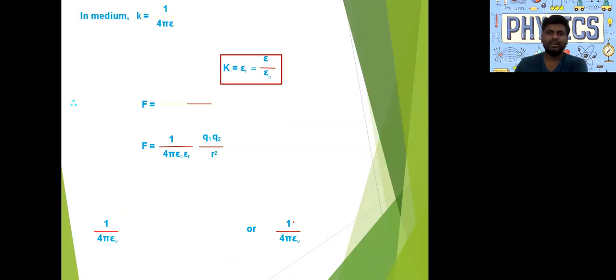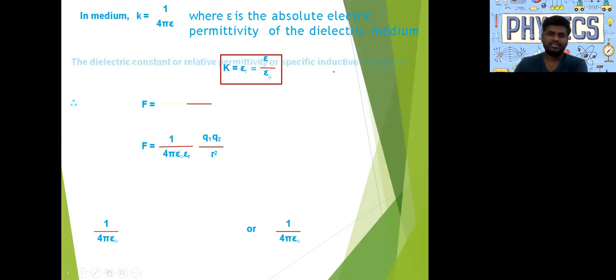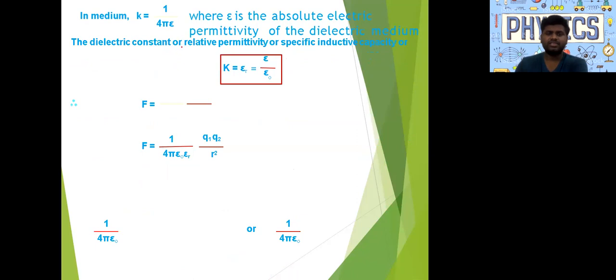In a medium, K is written as 1 by 4 pi epsilon, where epsilon is the absolute electric permittivity of the dielectric medium. Now we will see the definition of dielectric constant. Dielectric constant is also called by different names, that is relative permittivity, specific inductive capacity or dielectric coefficient.